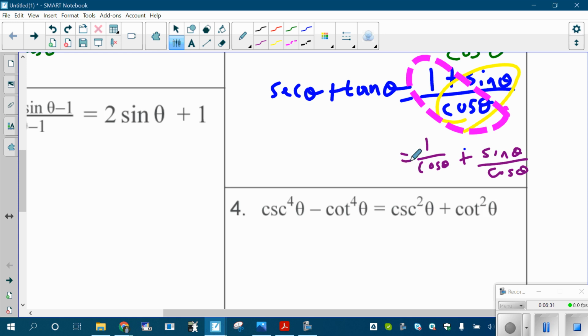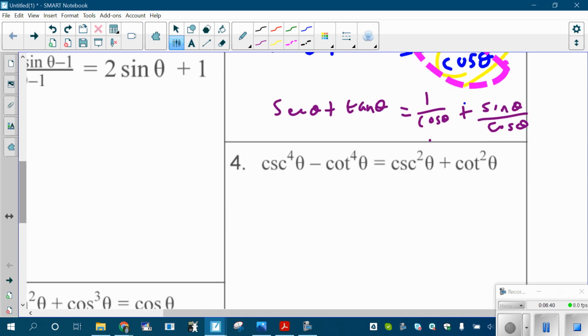The reason I thought to do that is because I looked at the left side and I said I have 2 completely separate things, so I must split this up. And this last step, I hope, is clear now. 1 over cosine is secant of theta, sine over cosine is tangent of theta. I've now made my right side look exactly like my left side, meaning I am done.